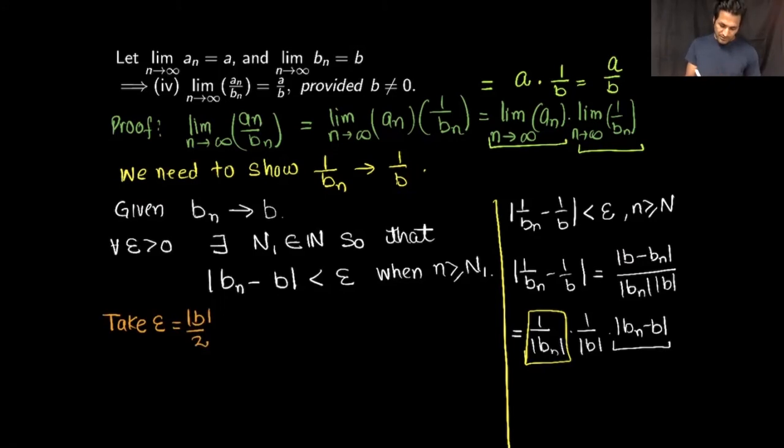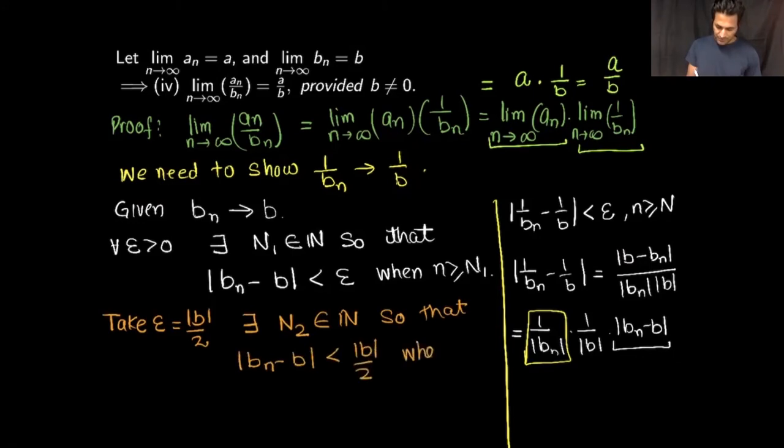Because the statement is true for all epsilon when the sequence bn converges to b, I take this epsilon, and corresponding to this epsilon there will exist a natural number, which I'm going to call n2 this time, belonging to the set of natural numbers, so that the absolute value of bn minus b is less than the absolute value of b divided by 2, and this is true when n is bigger than or equal to n2.